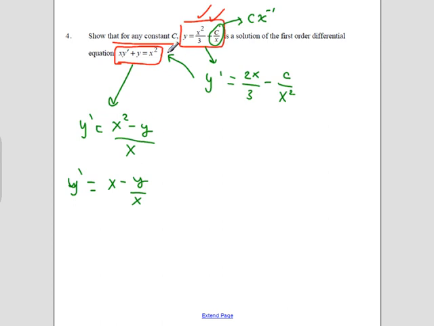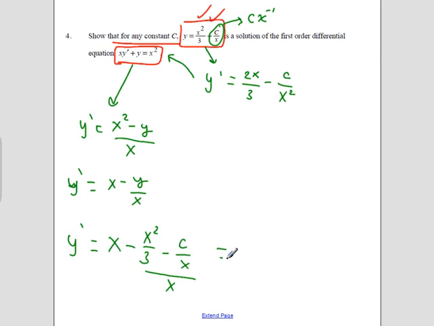And then if we substitute what we're saying y equals, this value right here, we get y prime equals x minus x squared over 3 minus c over x, all over x.